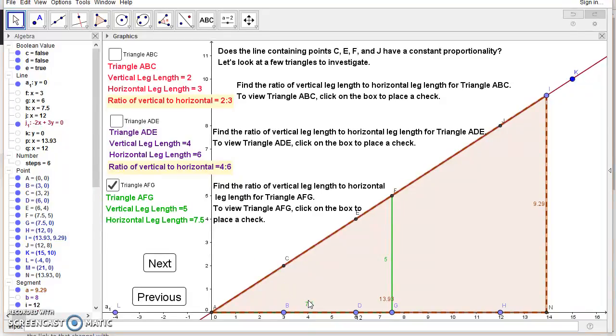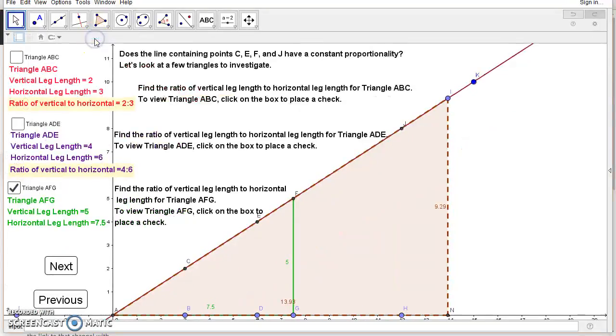So again, in order to make my ratio, it'll be 5:7.5. And believe it or not, if I reduce 5 over 7.5, it will reduce to 2:3.